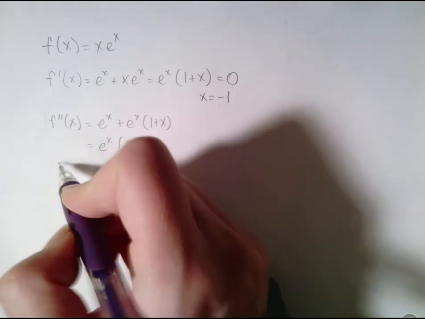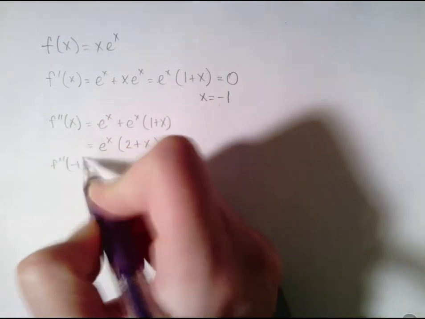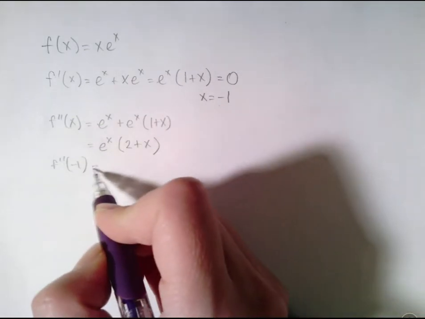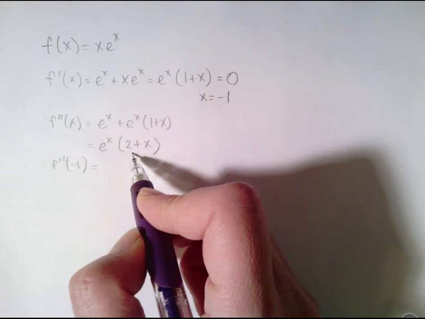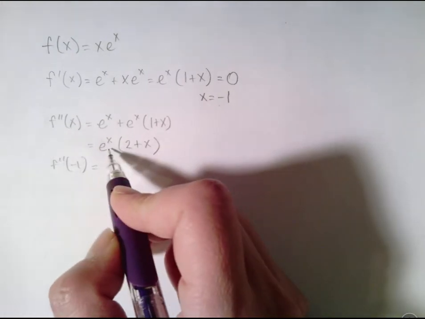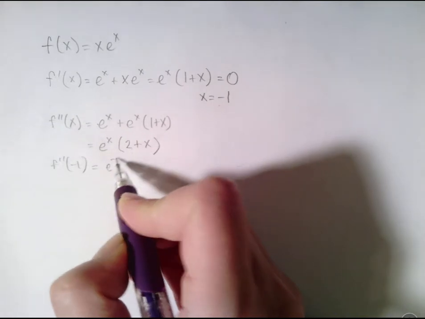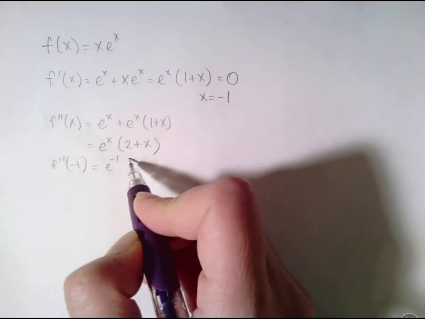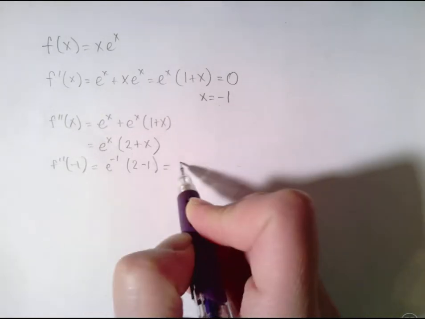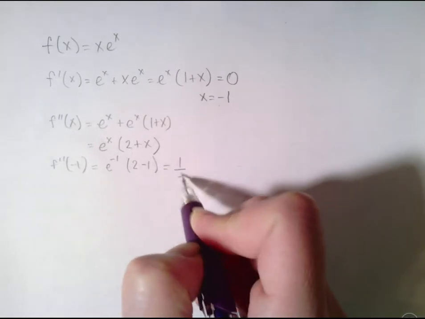And when we plug in negative 1, we get that this value is still positive, right? It's e to the negative 1, which is a positive value, times 2 minus 1, which is 1, which is 1 over e.